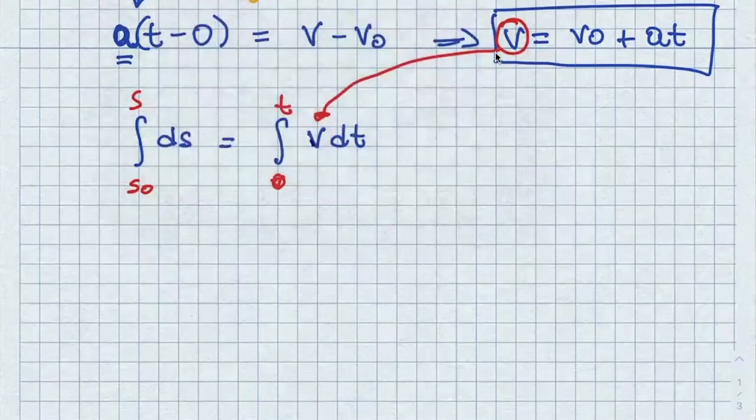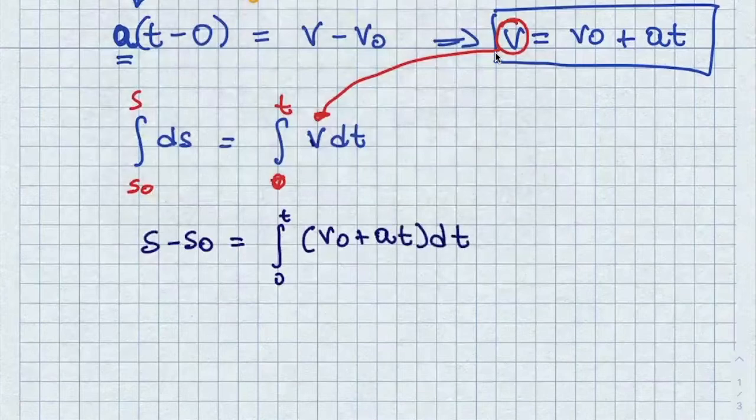Then this becomes s minus s naught is equal to the integral from 0 to t of v naught plus at dt. This then becomes v naught t plus 1/2 at squared.